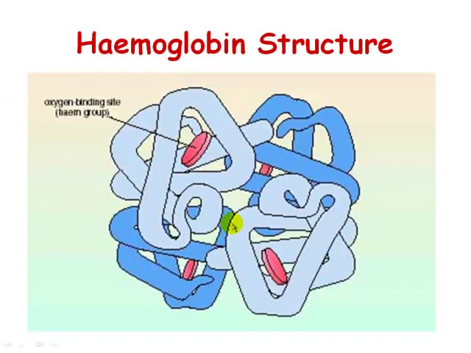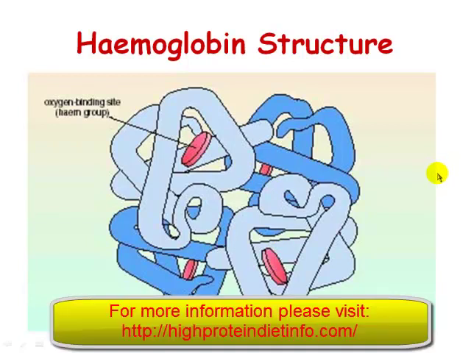So here we've got the 4 chains, 2 alphas, 2 betas, and we've got heme groups here, the iron groups, 4 of these heme groups to every molecule of hemoglobin, and those are the ones that pick up the oxygen.